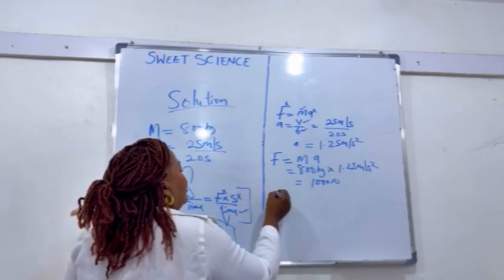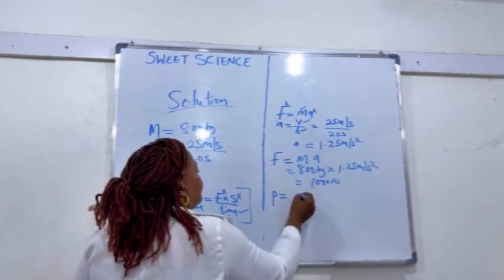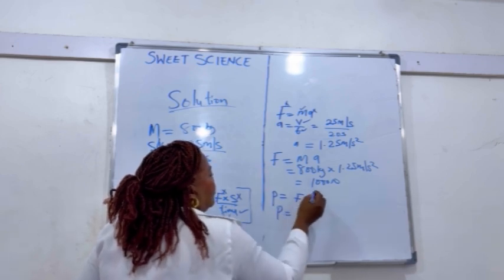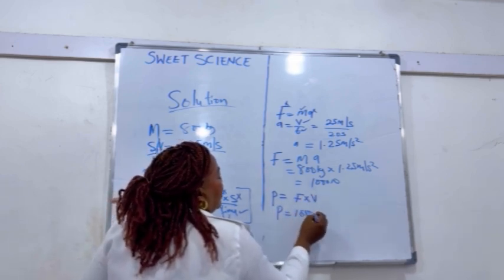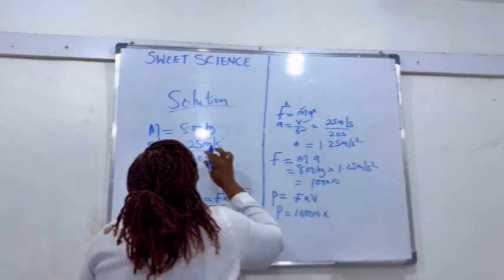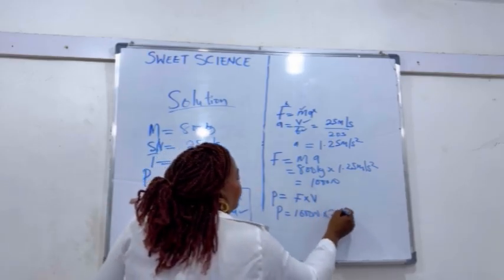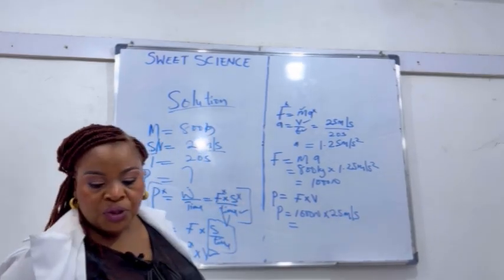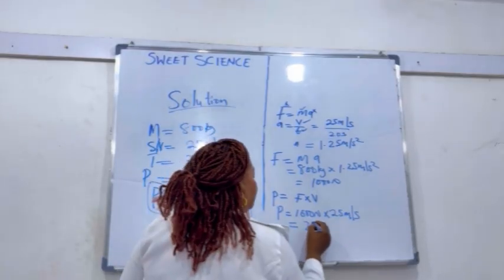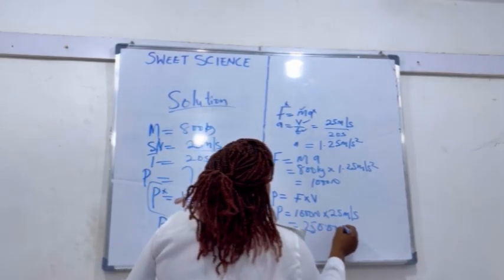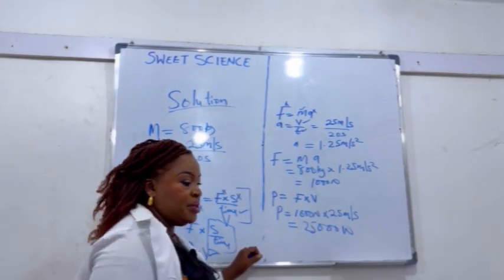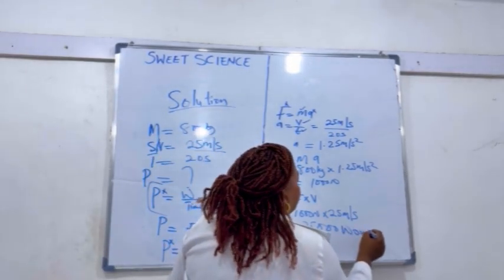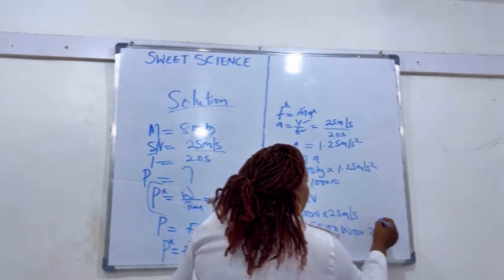So power is equal to force times velocity. Power is equal to force, 1000 newtons, times velocity, which is 25 meters per second. And this will give us 2500 watts, or 25 kilowatts.